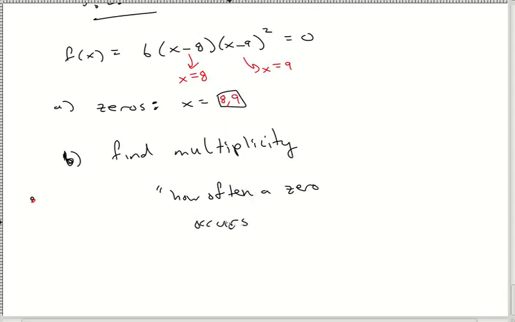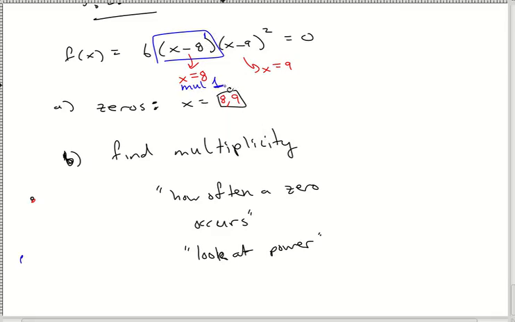And I often just say, look at the power. So I'm looking at this factor, let me use a different color. What's the power? It's a 1. So he has a multiplicity of 1.